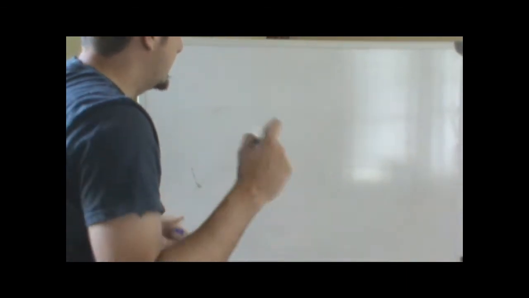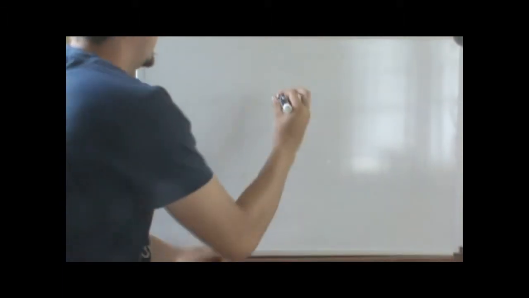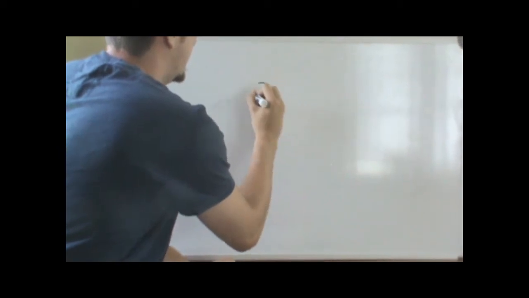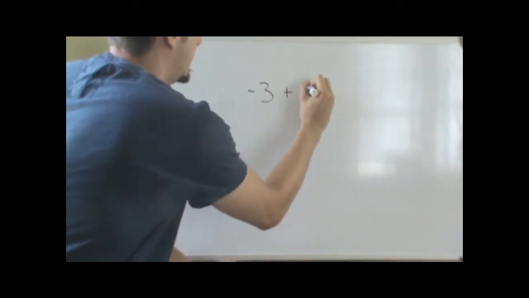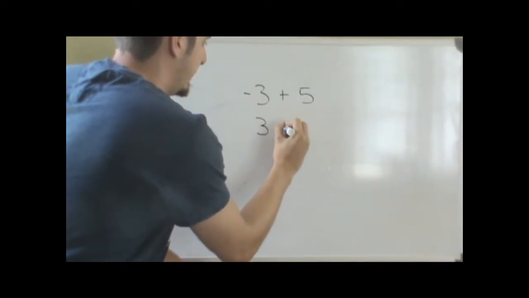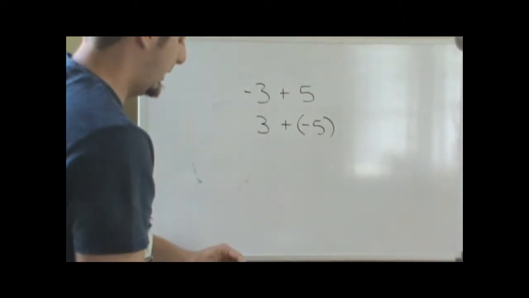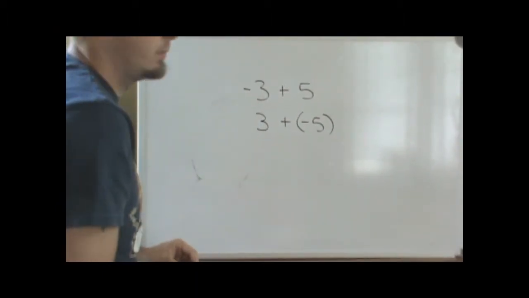When you have different signs, it functions differently. So, for example, if I have a negative plus a positive, or a positive plus a negative, okay? Different signs, one of each.